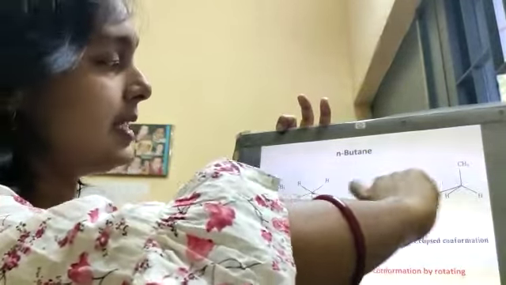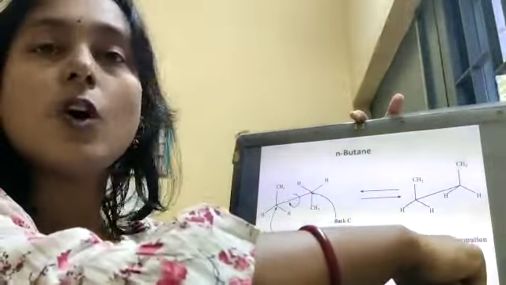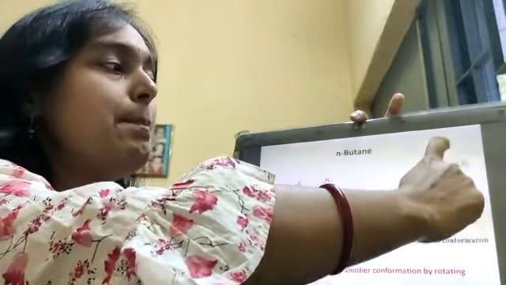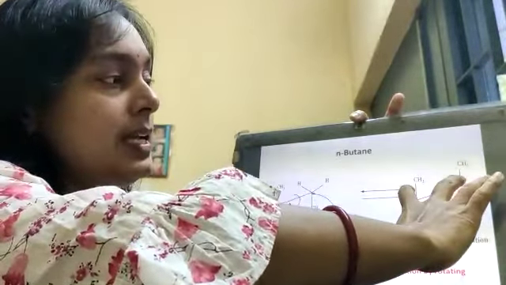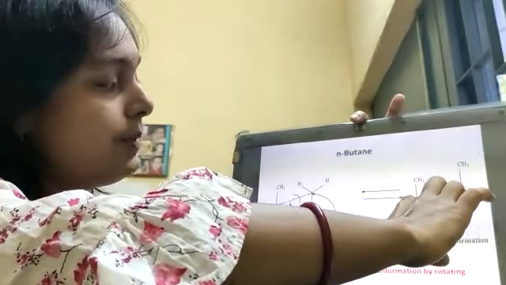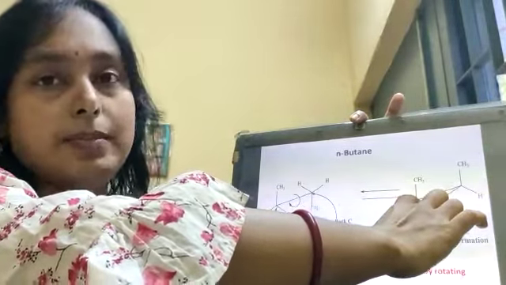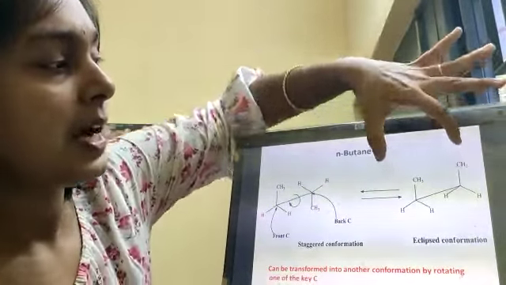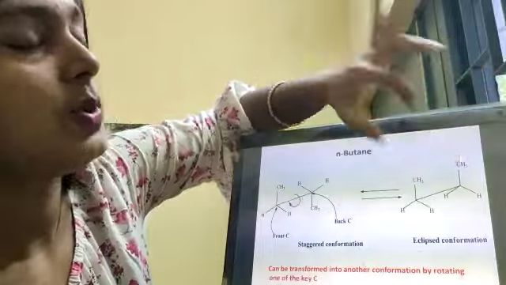By that way, we can represent these three groups in this way, which is called the eclipsed conformation. Why? Because the three groups attached with the back carbon are just behind the same groups of this front carbon. So it is called the eclipsed conformation, as the groups are just behind each other.